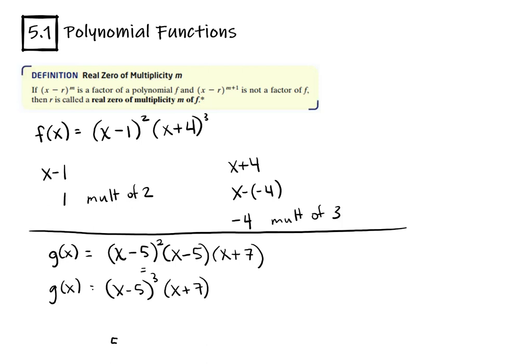And so then our 5 has a multiplicity of 3, and our -7 has a multiplicity of 1. So we just have to be careful that we have it written in the most concise form before we pull out the multiplicities. That's all that this definition is saying. But the multiplicities are very easy to identify when you just look at the power once it's written the correct way.